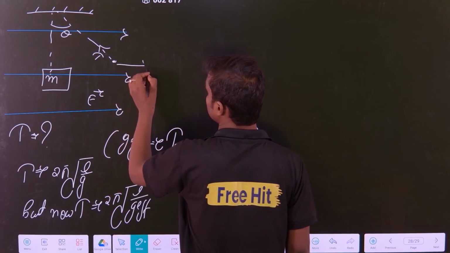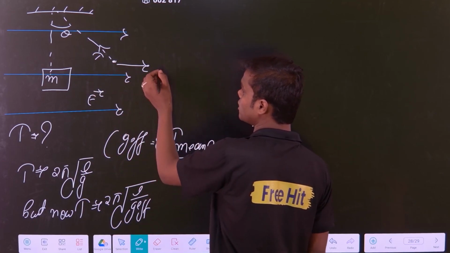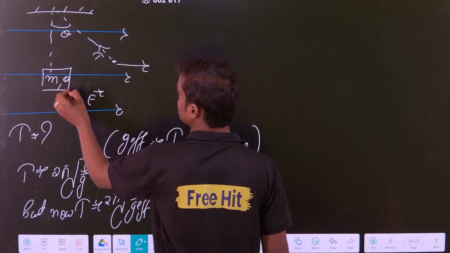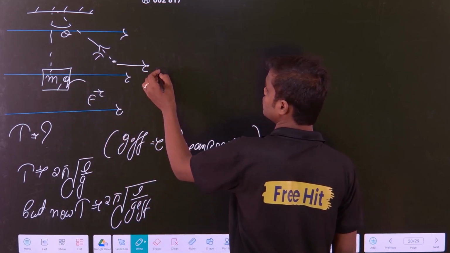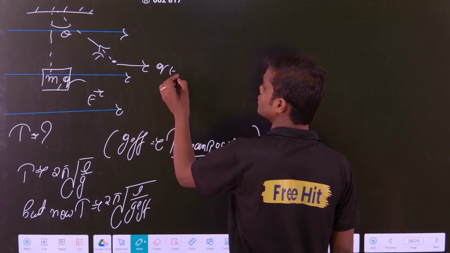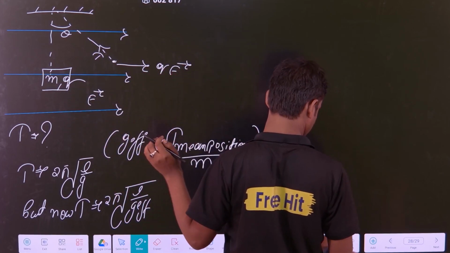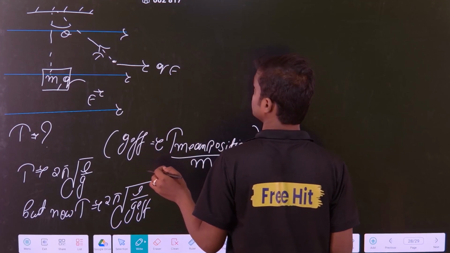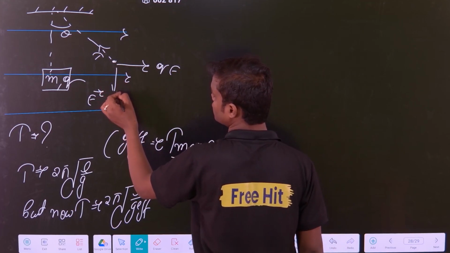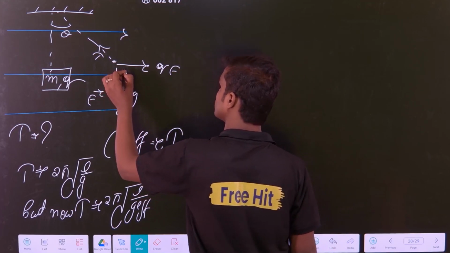So how much force will act? It has a charge Q also, so the force here will be QE, as the electric field is E, and in this direction mg will also act. So what is my net force?